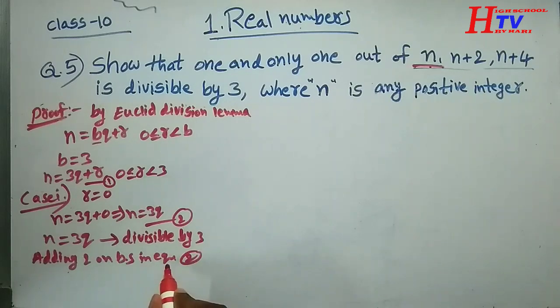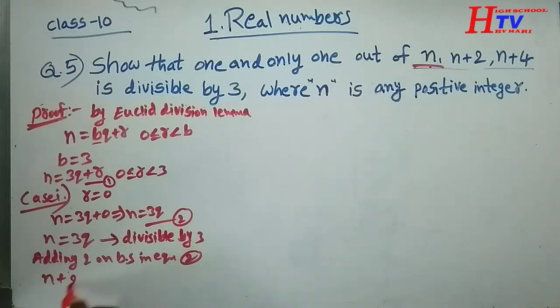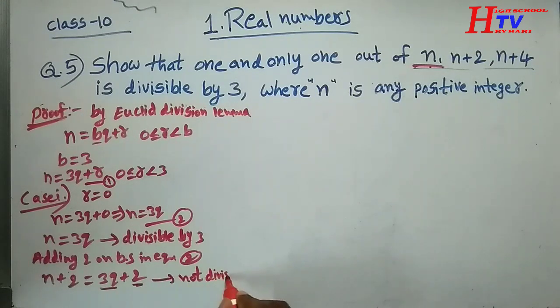Adding 2 on both sides in equation 2, this equation becomes n plus 2 equals 3q plus 2. Here 3q is a multiple of 3, and 2 is not a multiple of 3. Here we have no common terms with 3, so it is not divisible by 3.